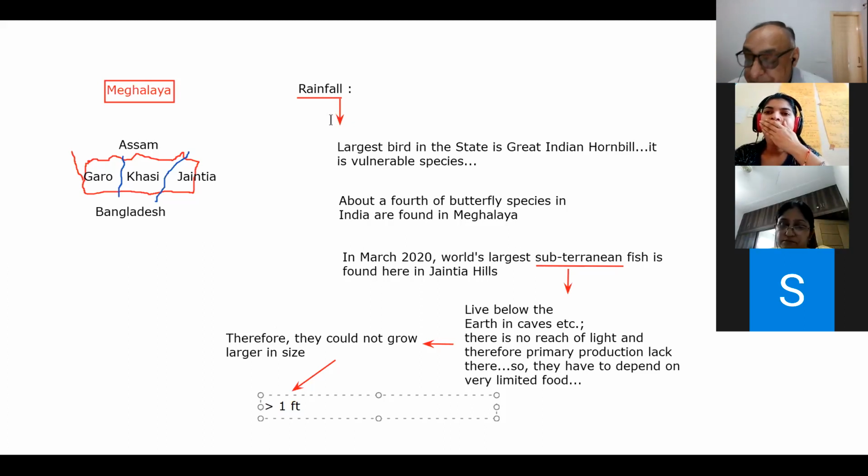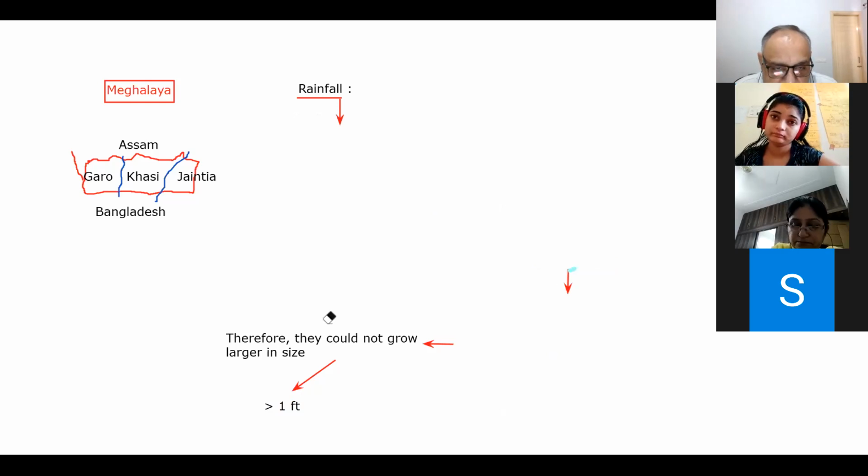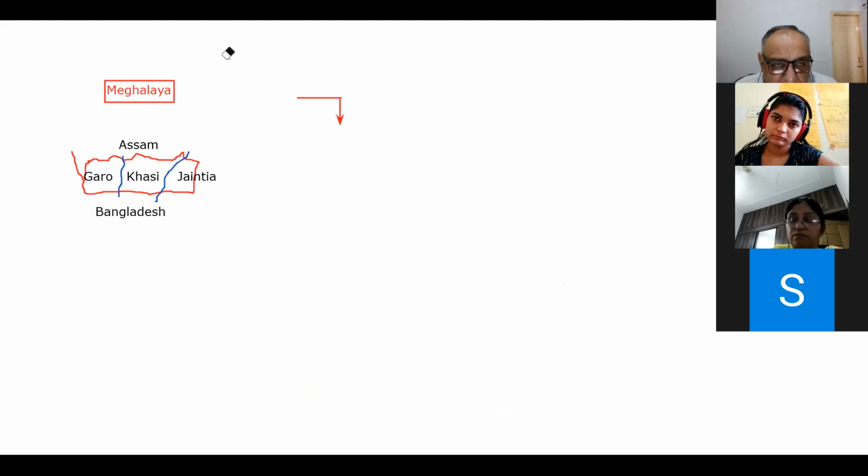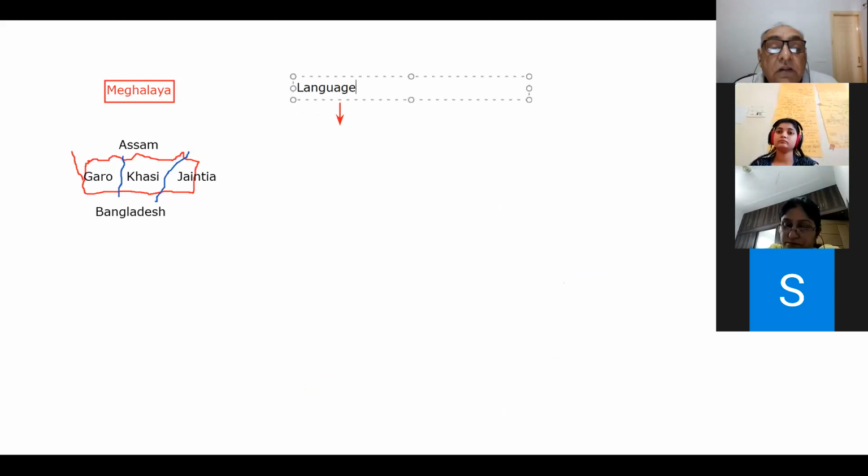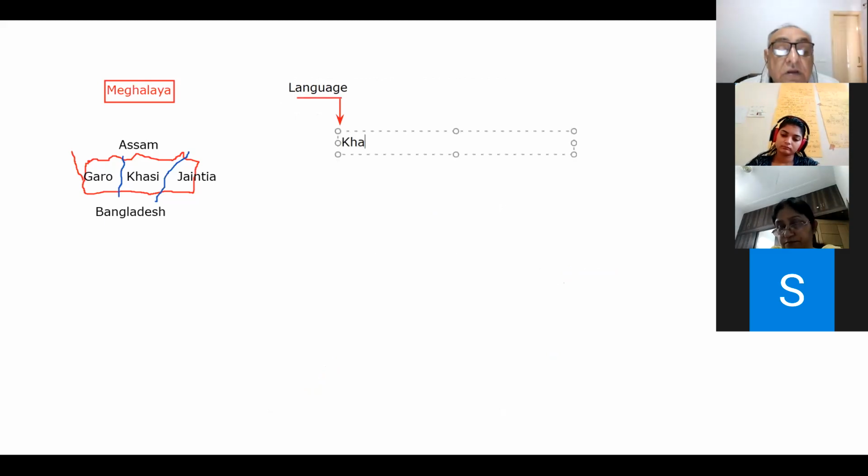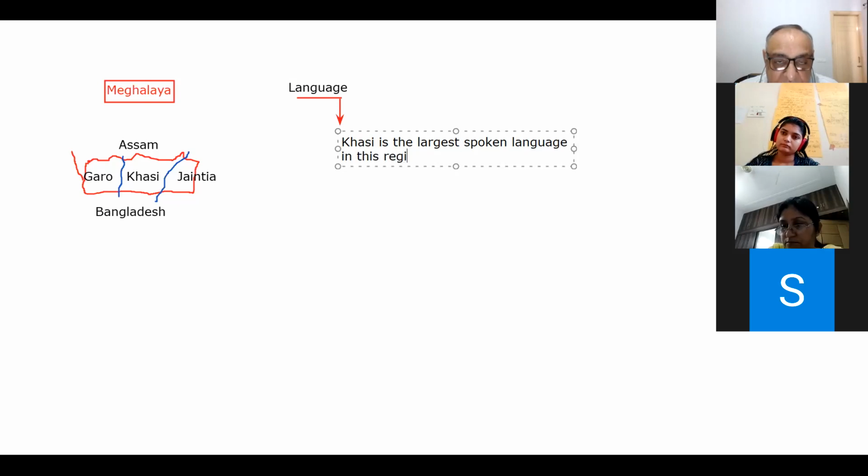So the next point which we are going to discuss is the language. As far as the language is concerned here, Khasi is the largest spoken language in Meghalaya, followed by Garo and Pnar.